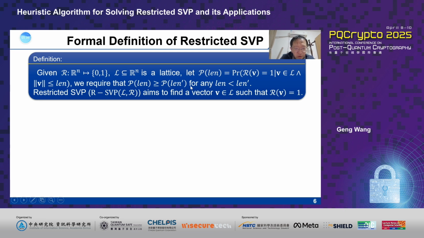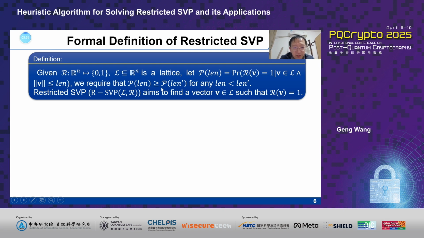We also require an additional property for the function p: if the value of len becomes shorter, then the probability becomes larger.